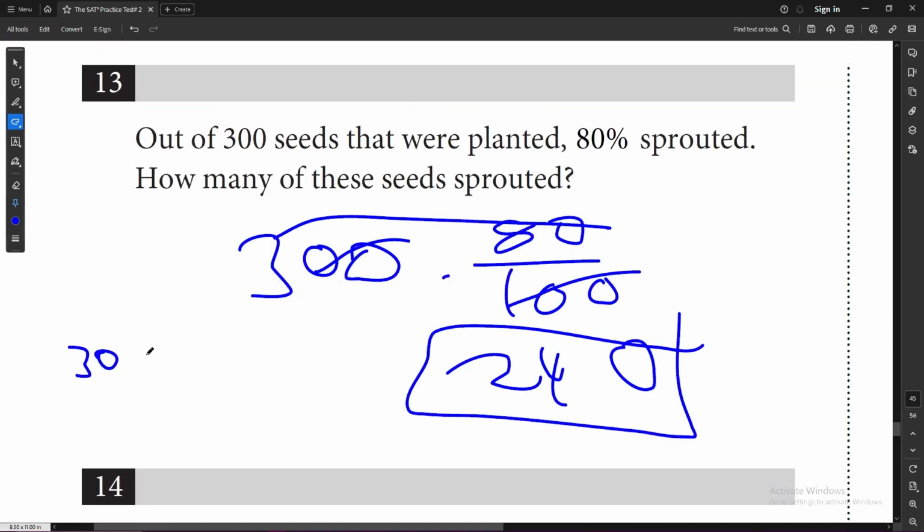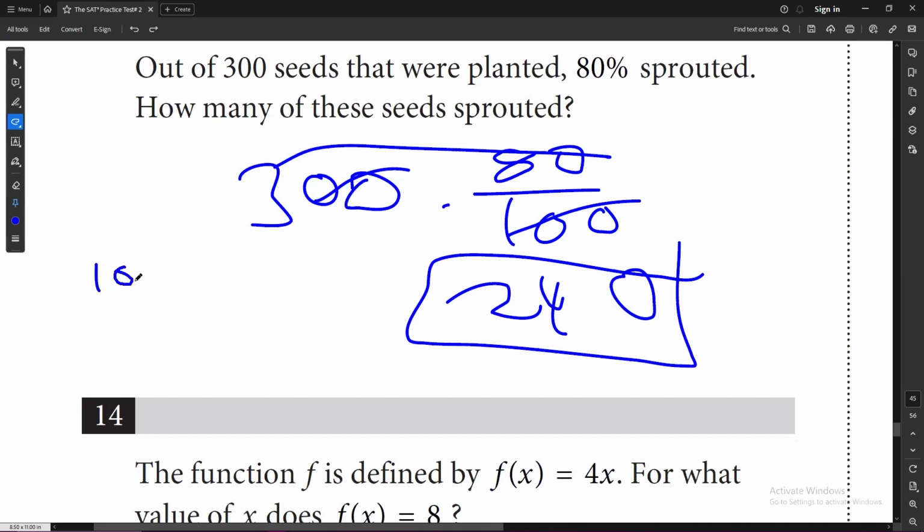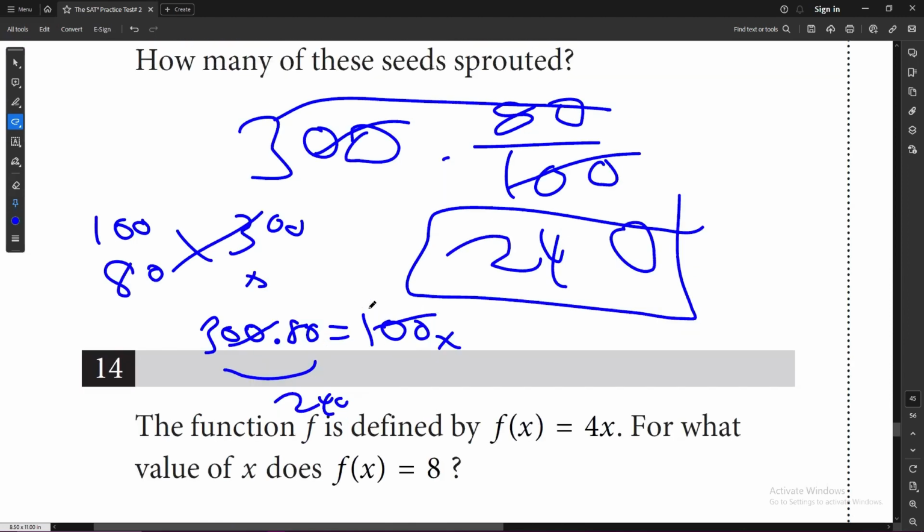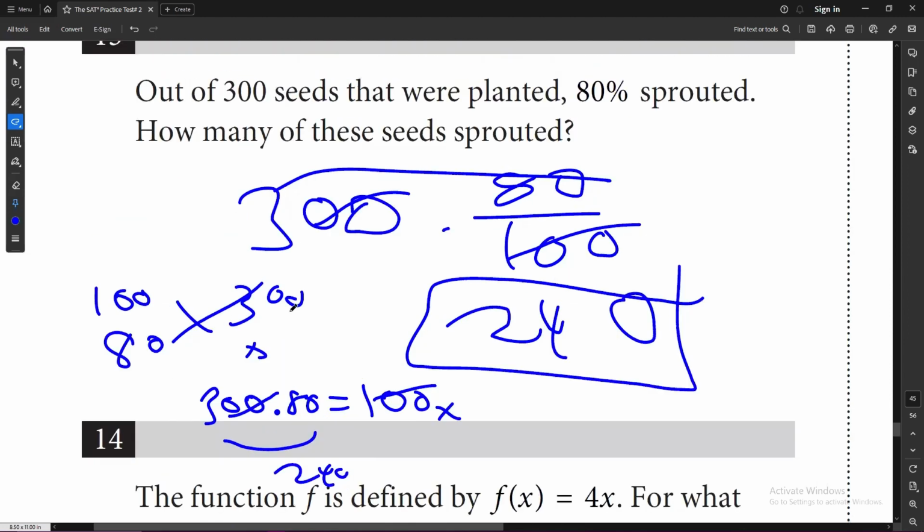I just say if my 100% is 300, and I'm looking for my 80%, I put a little x here and cross multiply them. 300 times 80 equals 100x, and I solve for x, so I just get rid of this and I end up with 240, which is actually the same thing. It's just an elementary way of thinking because I learned this in middle school to solve a question like this.